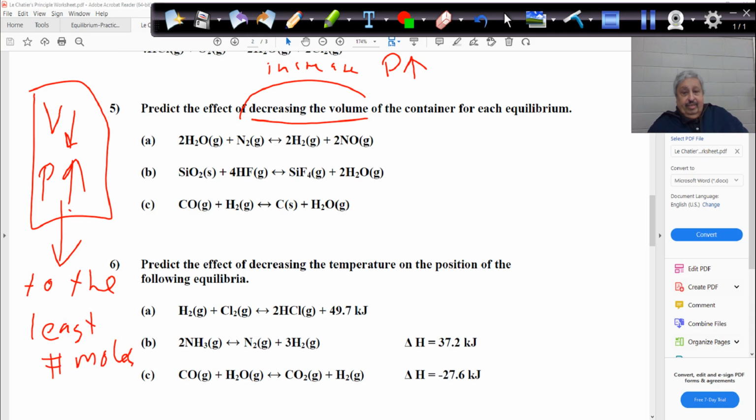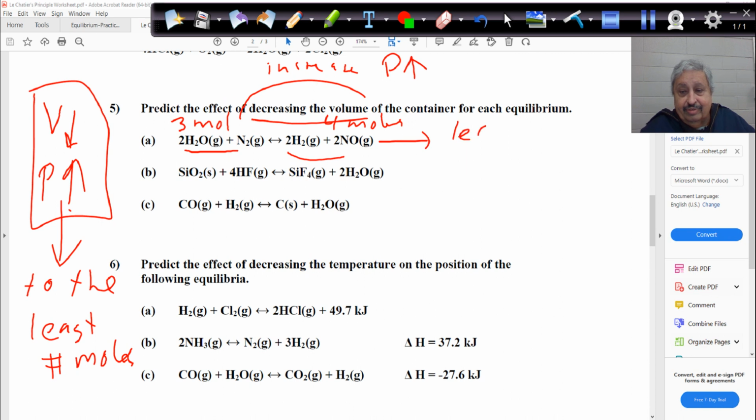So let's calculate this one here. We have how many here? 3. Okay, in the back, be quiet please. 3 moles, correct? And here is what? 4 moles. Where is the shift? To the least number of moles, to the left.